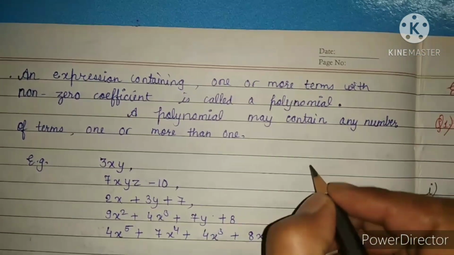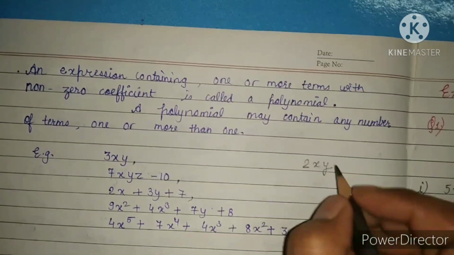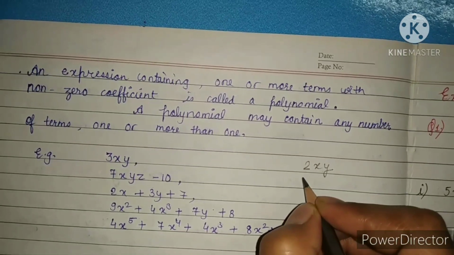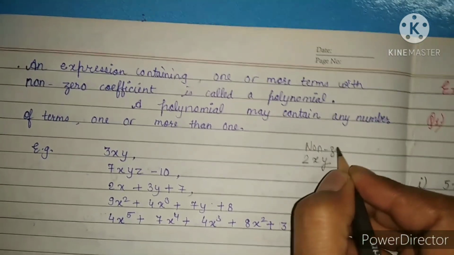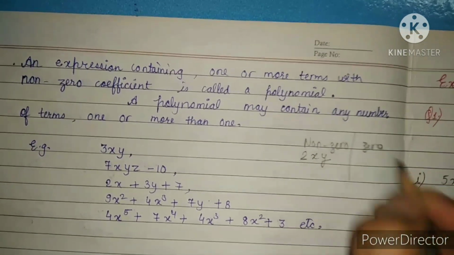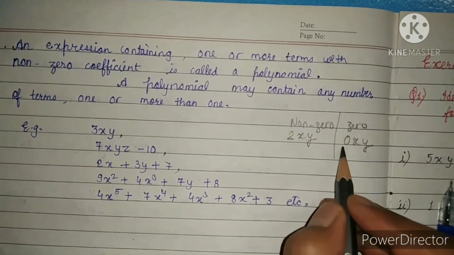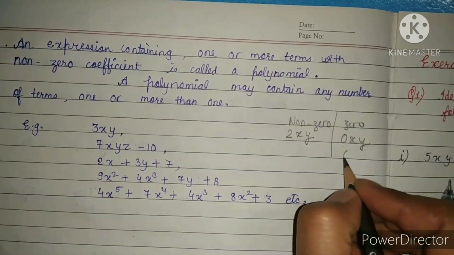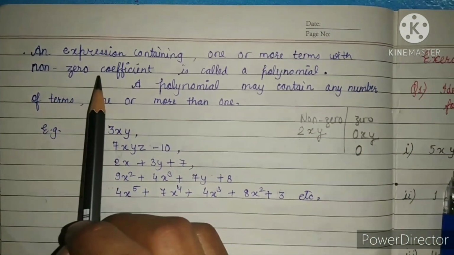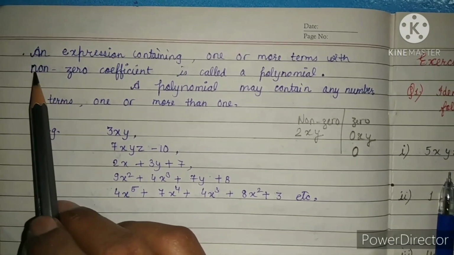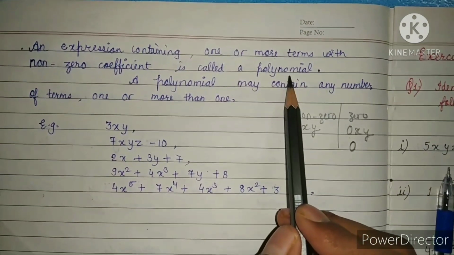It means whenever an expression has a coefficient of 0. Here 2xy is non-zero. But if 0 is multiplying x and y, then the whole expression automatically becomes 0. That's why when an expression contains one or more terms with non-zero coefficient, it is called a polynomial.